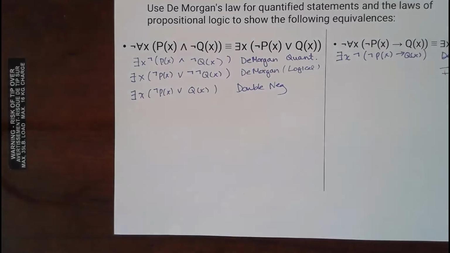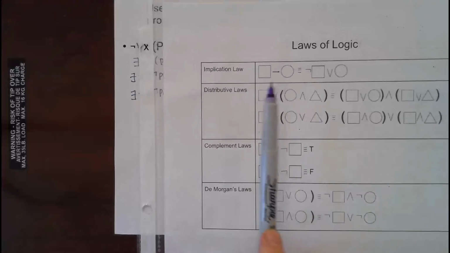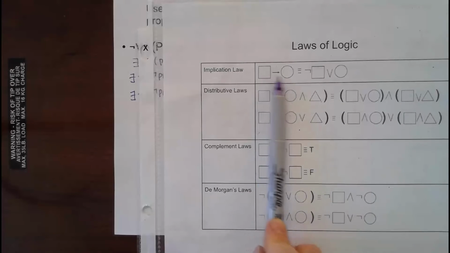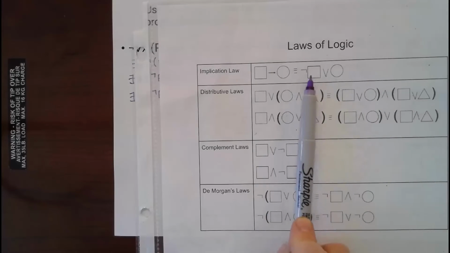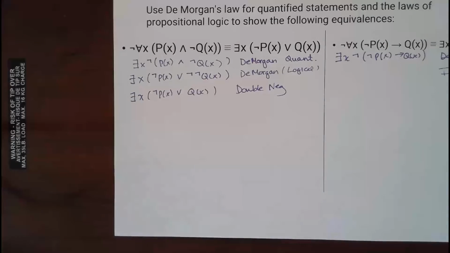I think I have my, this one. I have my shape version. So, when I have square implies circle, it becomes not square or circle. So it's not the first thing or the second thing. Okay, so I have that version handy.